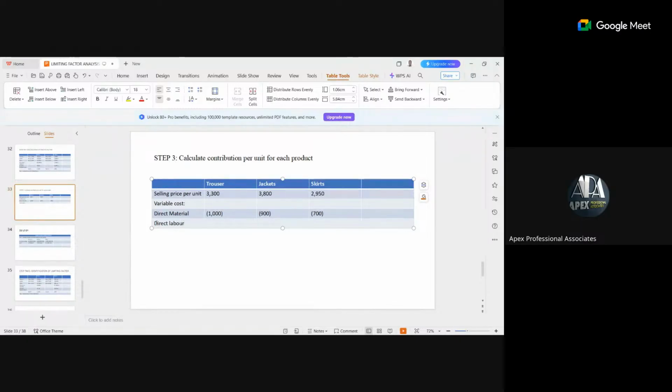Direct labor for trouser is 500. For jackets, 450. And for skirts, 350. Now, we have another one, variable costs.